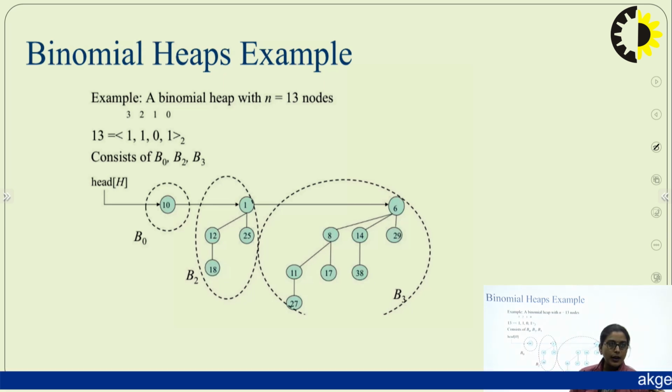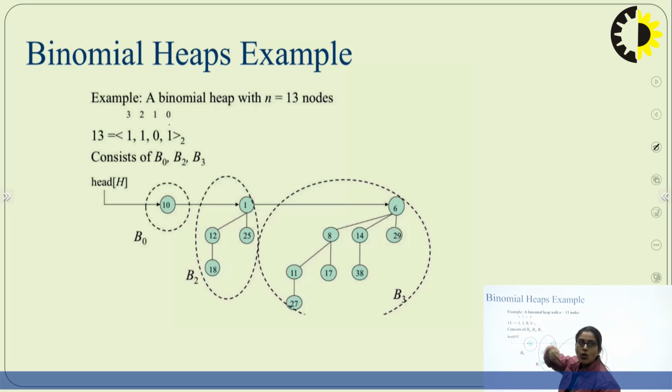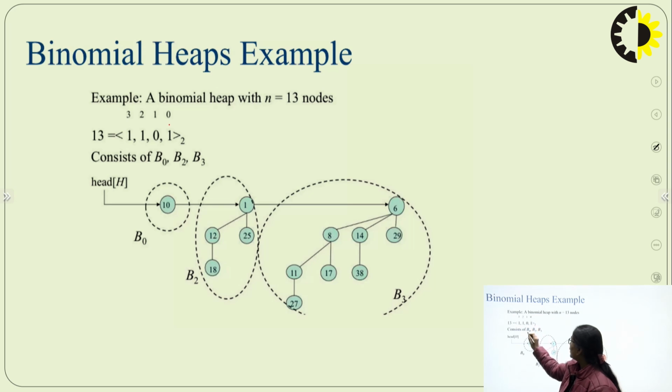As we know, in the binary representation, the positions 0, 1, 2, 3 represent the binomial ordered trees which are used to make the heap having exactly 13 nodes. So first, we see the zeroth position, the order of 0 is 1. That means we are using B0. At the one place, which is 0, that means B1 we are not considering.